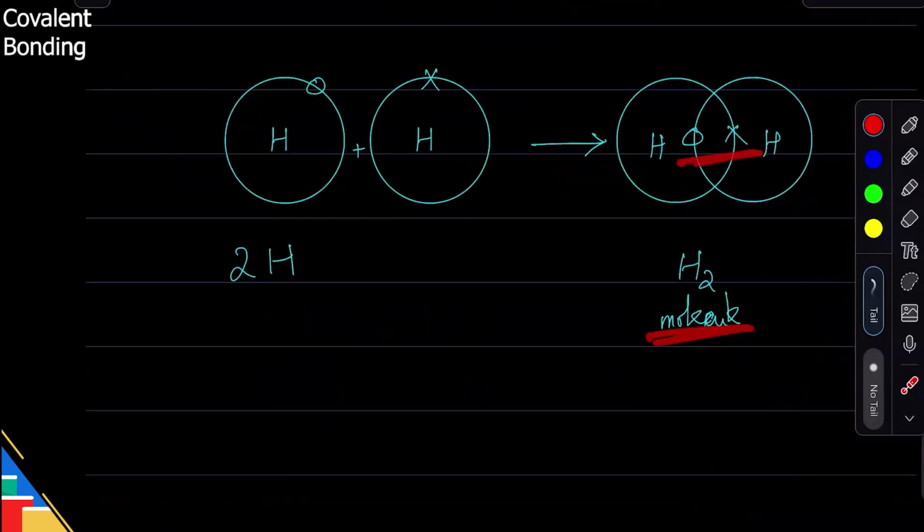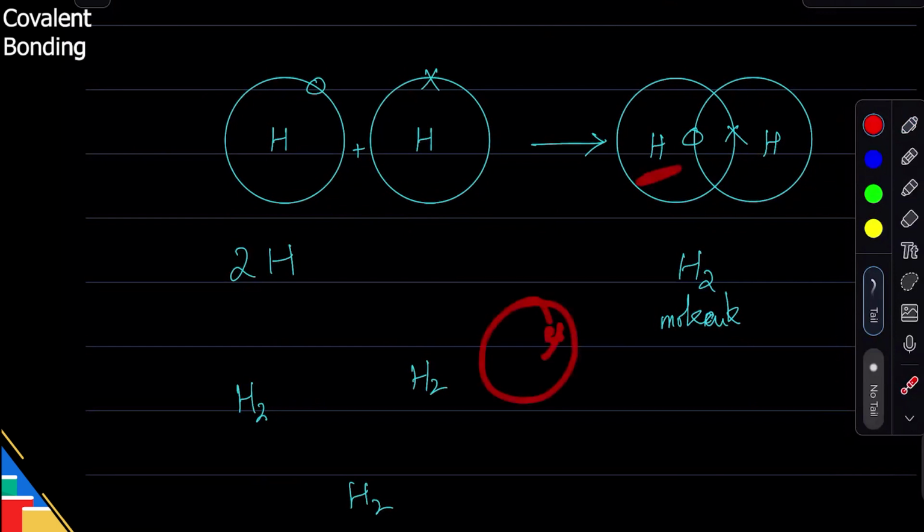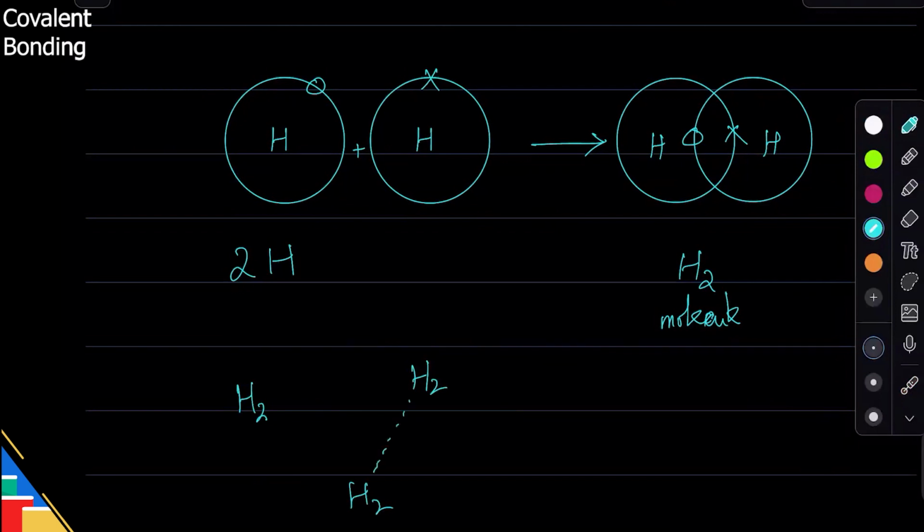Okay, what about other molecules? There is one hydrogen molecule here, there's another, and another. Do they attract each other? Yeah. If this hydrogen finds an electron somewhere else, it will attract it, right? Why wouldn't it? Definitely it will. So that's what they do. They pull on the other electrons, the ones other than their own. But this attraction is much weaker.